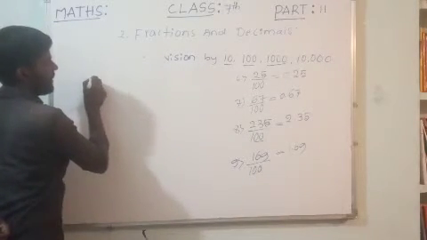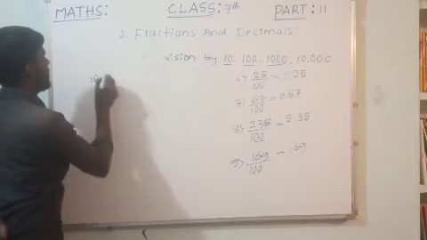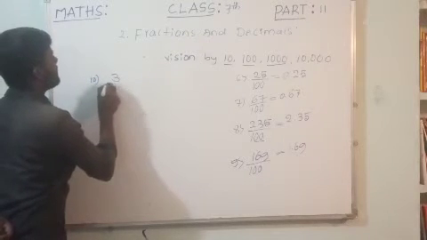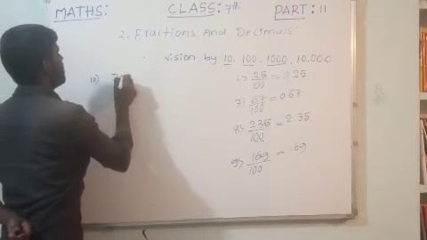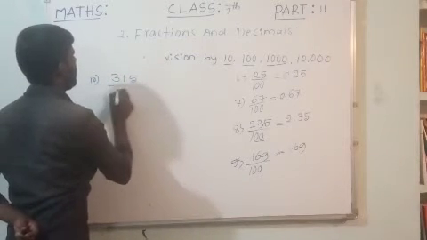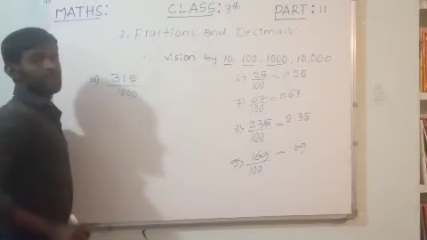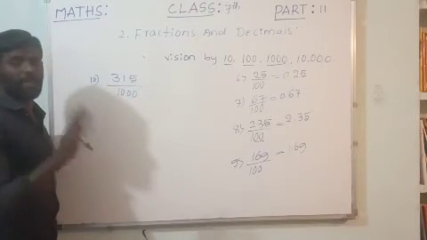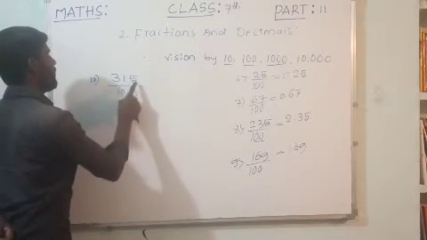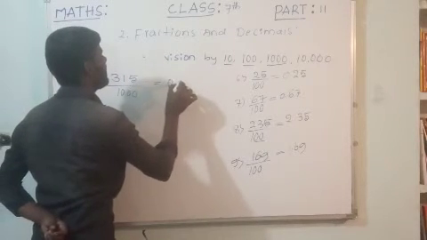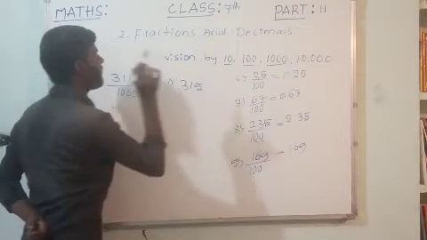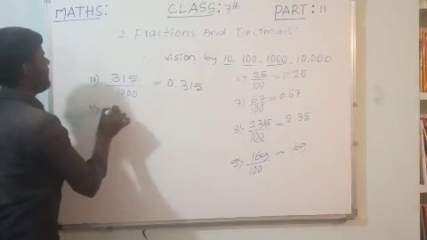Suppose example 10, you have to take 315 by 1000. Here the number of zeros in the denominator is 3, 1, 2, 3. Yes, give the decimal point, that is 0.315.